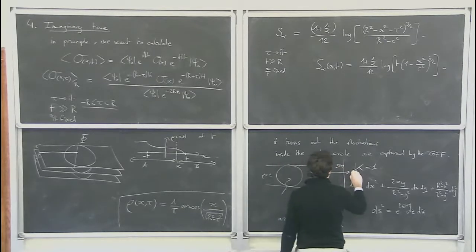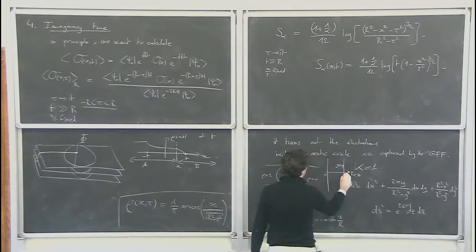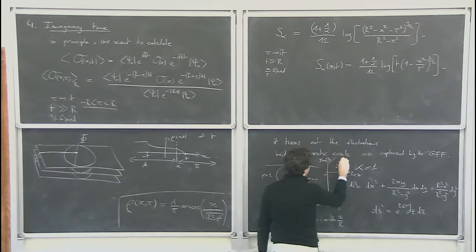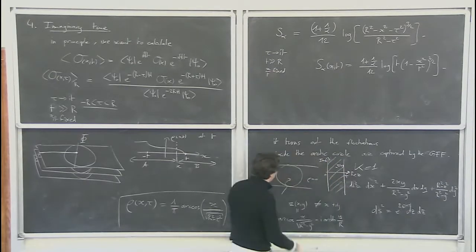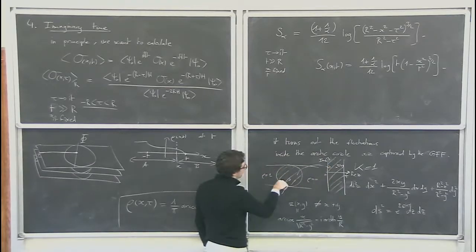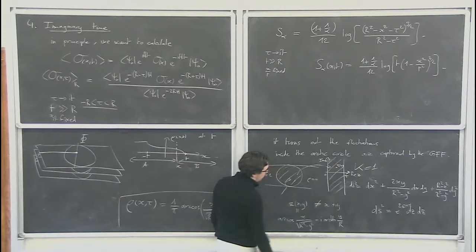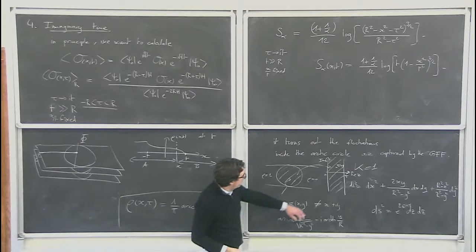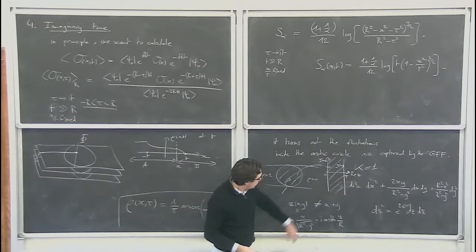The real part of z goes from 0 to pi, and the imaginary part of z goes from minus infinity to infinity. So we are parameterizing points inside the disk by points on this strip. We end up with our favorite geometry, which is the infinite strip.